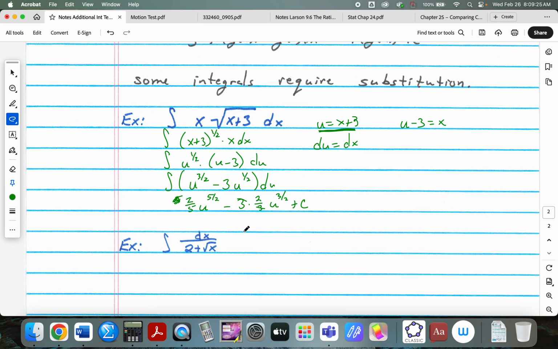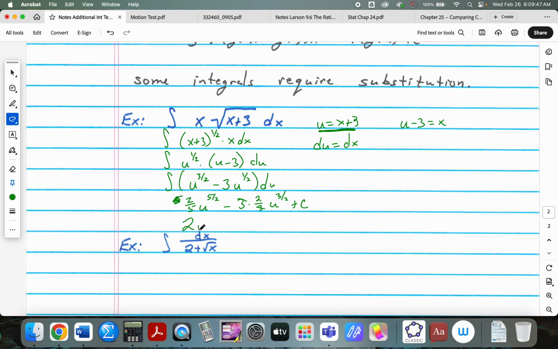if this appears on the AP exam, it's likely to be a multiple choice question. If it's a multiple choice question, they're likely to, but not necessarily required to, factor this. Notice I can factor a 2 out of both terms, and I can also factor a u to the 3/2 out of both terms.